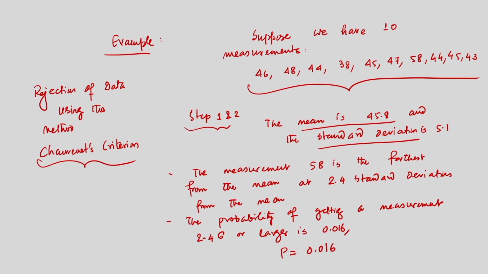If we call it Ts, then we can expect that 58 should be rejected.